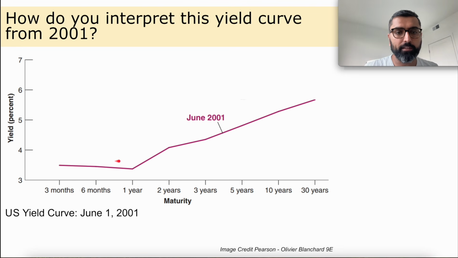So it is a positive slope yield curve. Most of the time, yield curves will be positive slope.